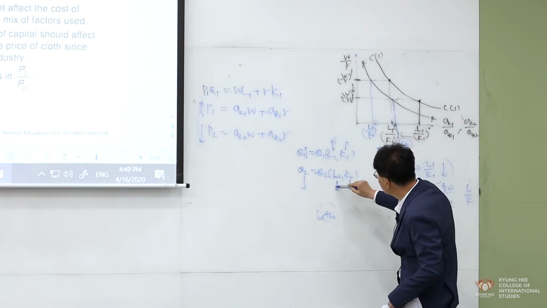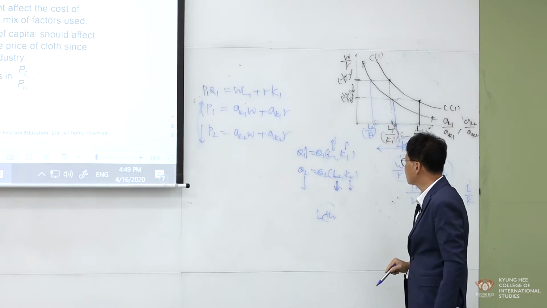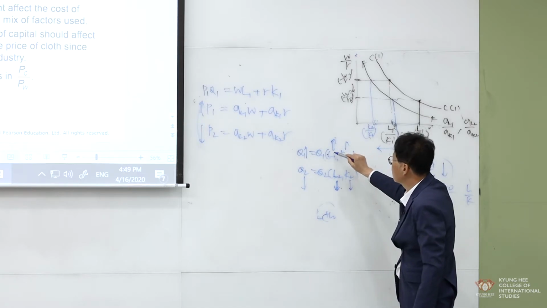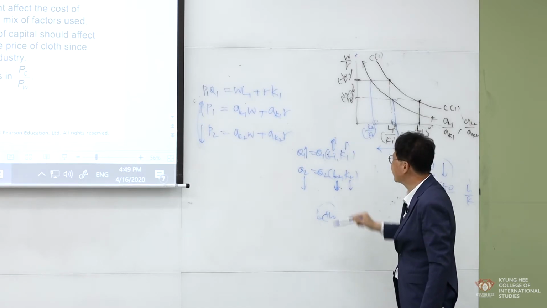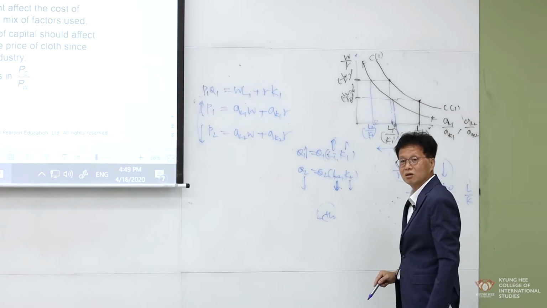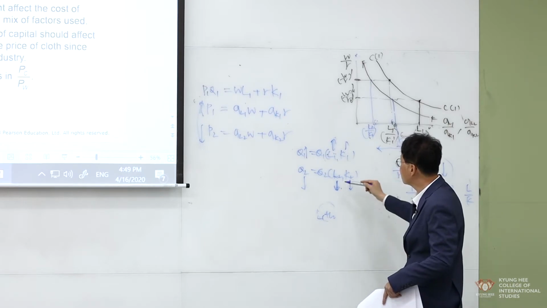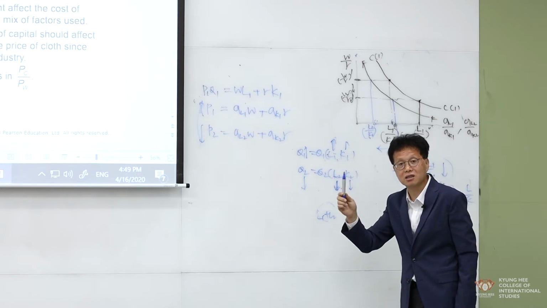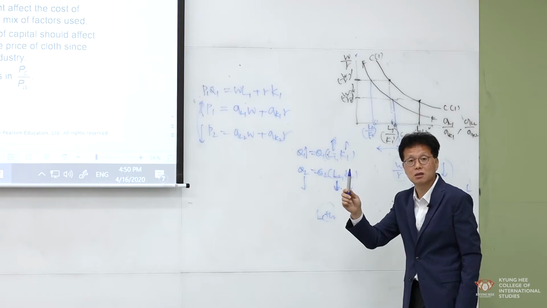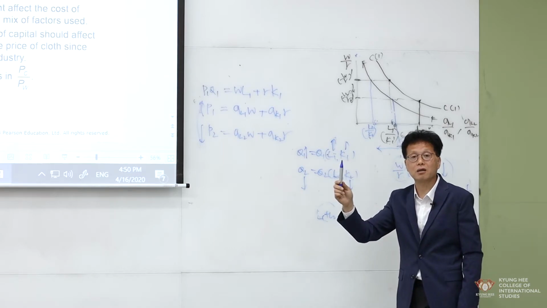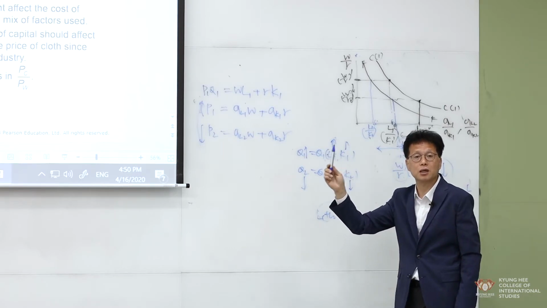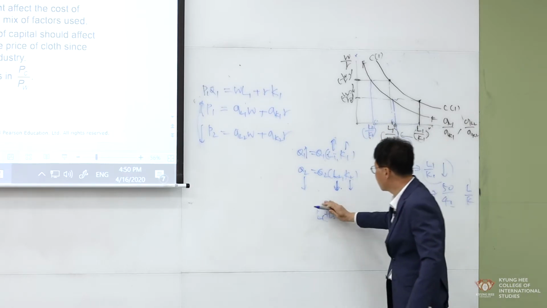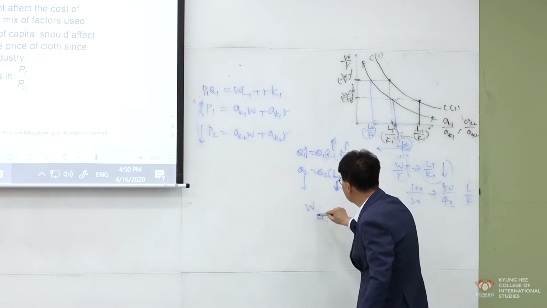So this decrease in labor demand is smaller than the increase. Demand for labor increasing in sector 1 overwhelms decreasing demand for labor in sector 2. So labor demand increases after trade, and if labor supply L bar is the same, then the wage rate should increase. So after trade, the wage rate increases.